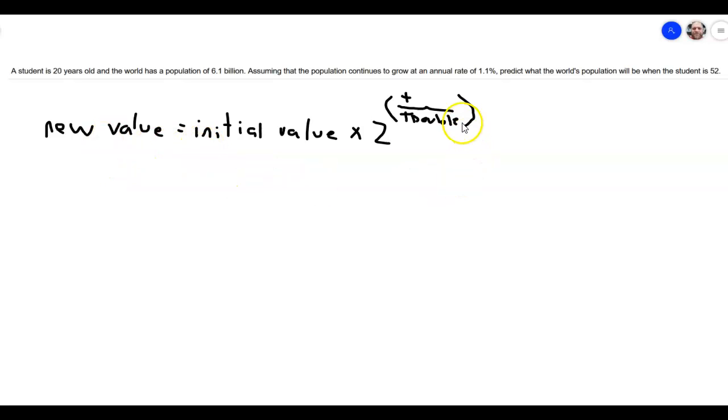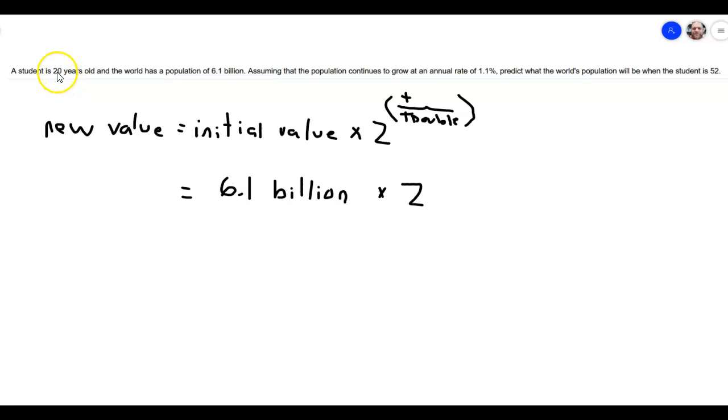Alright, so let's try to figure out what our variables are. We need to find out what the initial value is, what the t is, and what the t double is. The initial value is the one they give us, 6.1 billion, and we're going to multiply that by 2 raised to the little t, which is the amount of time that it's been.